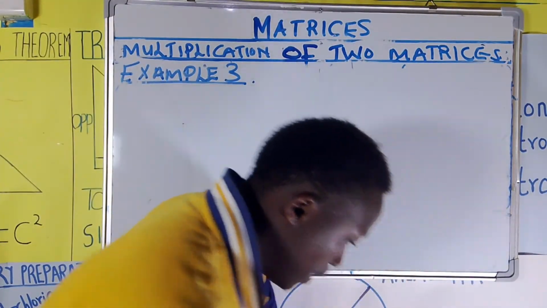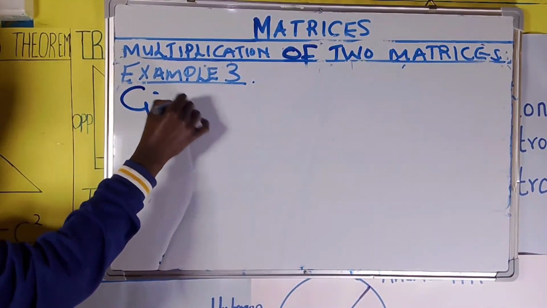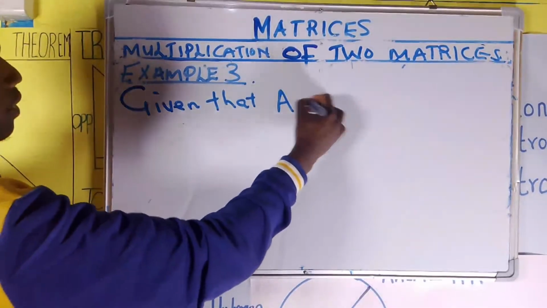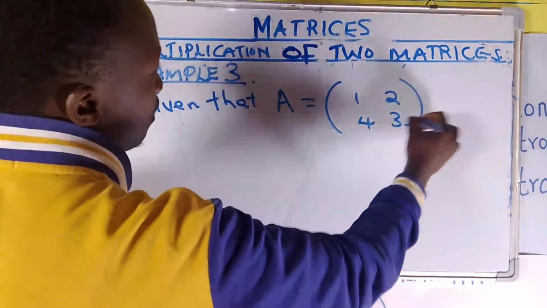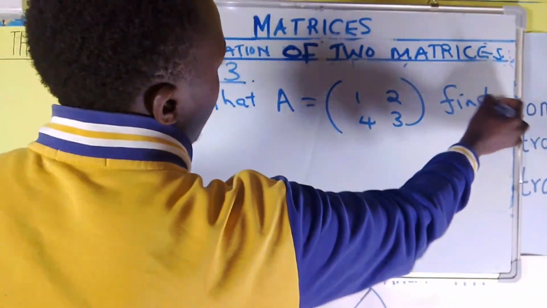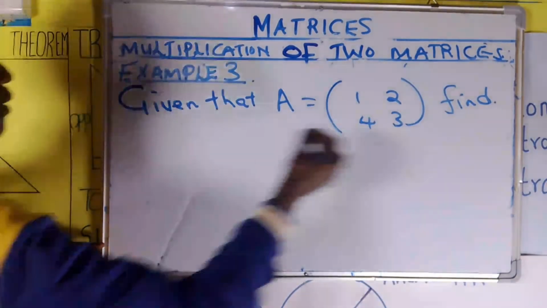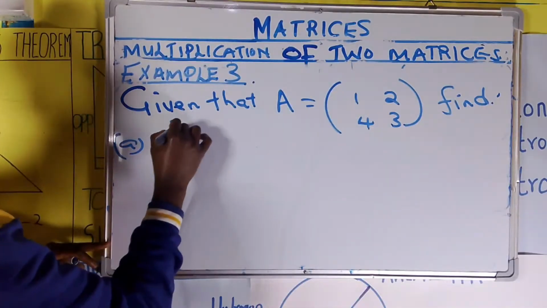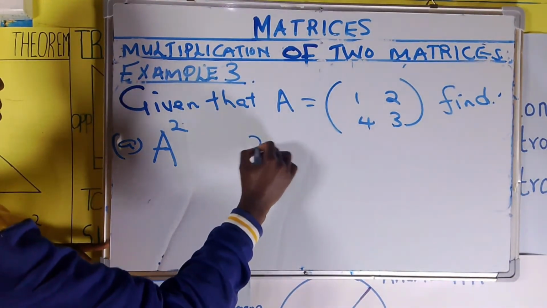Given that A is equal to 1, 2, 4, 3, find A squared, 2 marks.